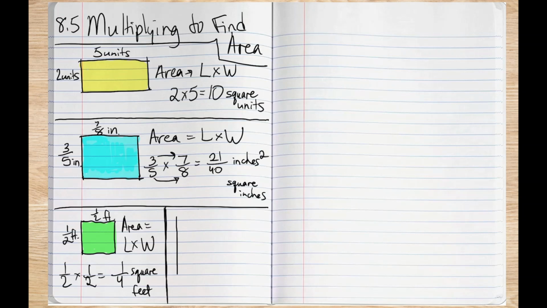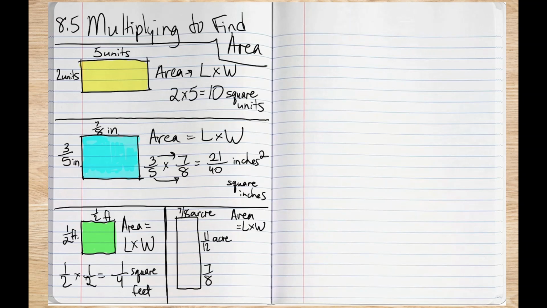Let's imagine that we have a skinny piece of land for a park. Let's imagine that this park is 7/8 of an acre wide and 11/12 of an acre long. Just like before, area equals length times width.